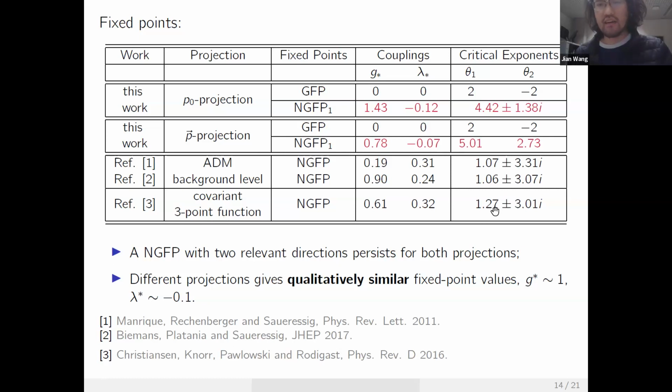Here they also have two relevant directions. Here we want to stress that for those different blocks, the background computation, the current case or the foliated case, we are in fact doing the computation for different couplings. So in principle, we cannot directly compare those results.